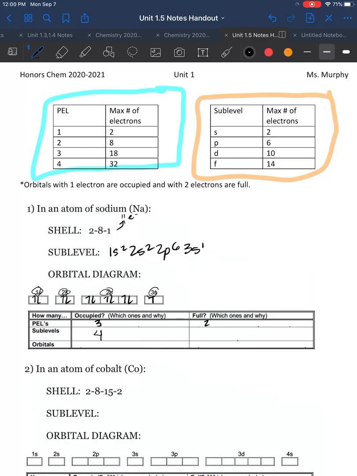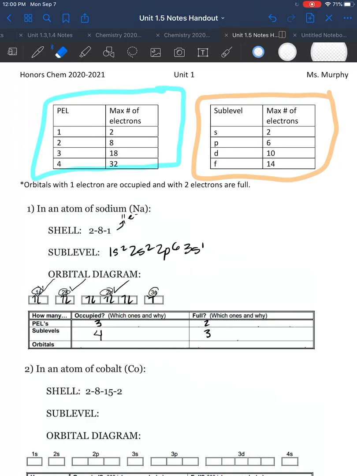Because each sublevel, when it's associated with the principal energy level, like 2s or 2p, those are their own unique sublevel. So we have 4. Now, how many are full? Well, s sublevels can hold 2, so 1s is full, 2s is full, then p orbitals can hold 6, so 2p is full. But 3s only has 1, so that's not full. So only 3 sublevels are full.